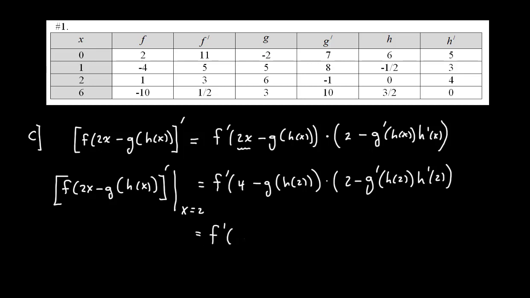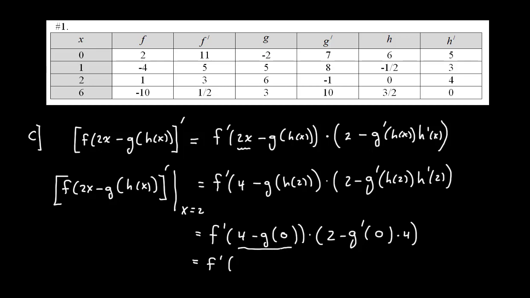F prime of 4 minus g of, now I've got to figure h of 2. H of 2, according to my chart, is 0, times 2 minus g prime of h of 2. We said that is 0. H prime of 2, I'll look at my chart, and that looks like that'll be 4.